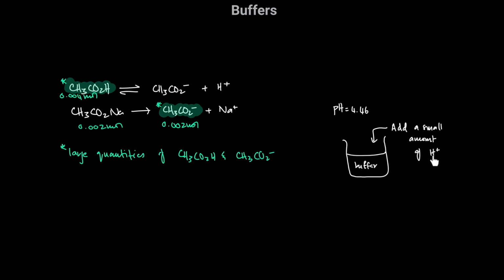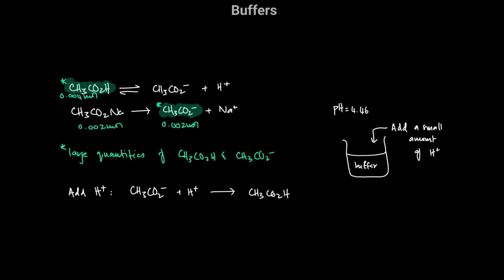Now when I add a small amount of H plus ions to this buffer solution, the conjugate base, present in fairly large quantities, reacts with the excess H plus that I've added, and it ends up making ethanoic acid.